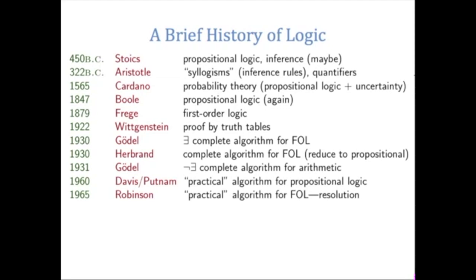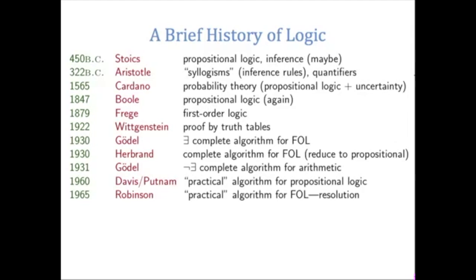So logic, and the first order logic which we're using, fits into a long history of logic, but as we'll see, most of the logic that we really are using is from the last 100 years or so. We begin with ancient Greece and the Stoics, who basically had propositional logic, maybe inference.